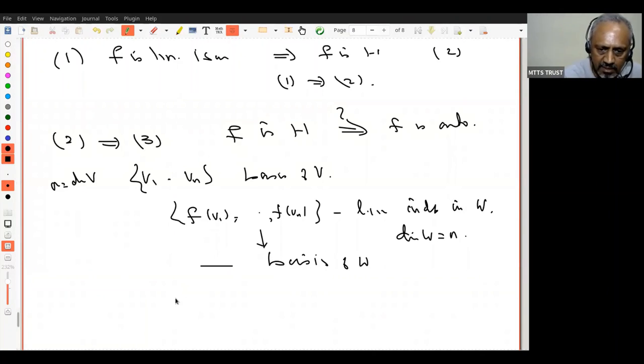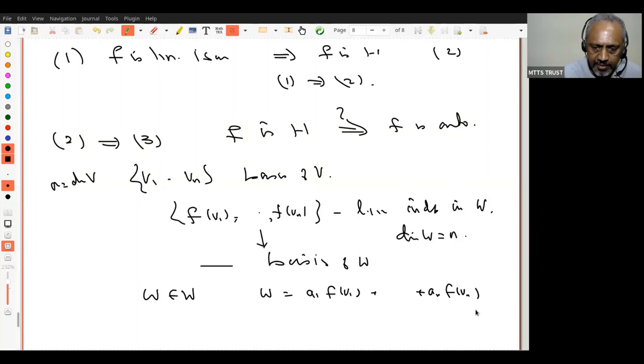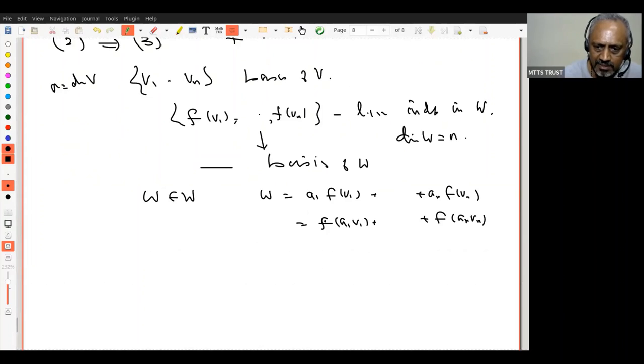Since it's a basis, what does it mean? Give me any w in W. I can write w as a1 f of v1 plus ... plus an f of vn in a unique way, since this is a basis. But then since f is linear, I can write this as f of a1 v1 plus ... plus f of an vn. This kind of argument we had already seen. Since scalar multiples are thrown inside, and f is linear, it respects addition.